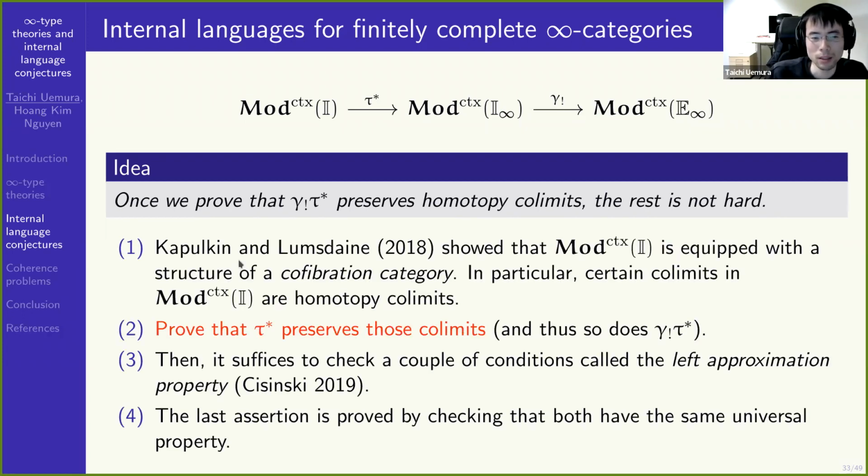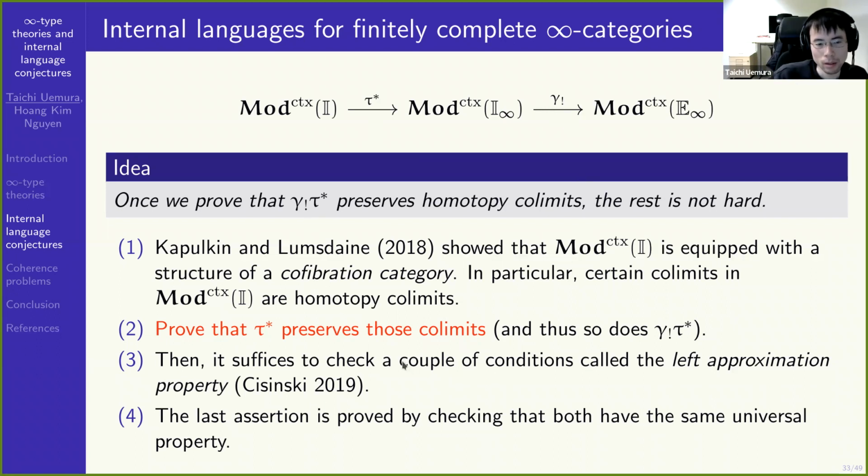To be precise, first of all, Kapulkin and Lumsdaine already showed that the category of models of intensional type theory is equipped with the structure of a cofibration category, which in particular means that certain colimits in the models are already homotopy colimits. Then we want to prove that tau star preserves those colimits, and then automatically the composite also preserves colimits because gamma shrink is a left adjoint.